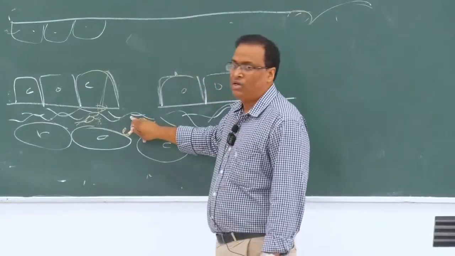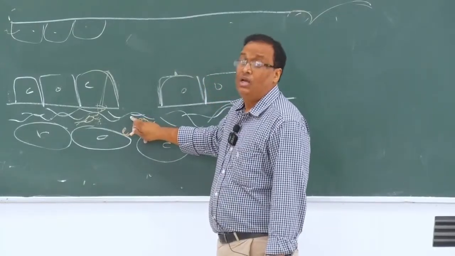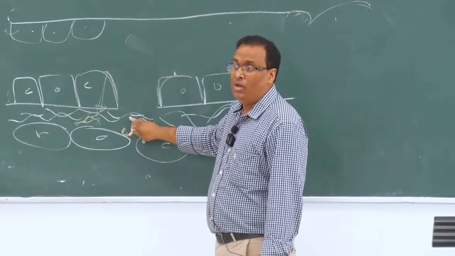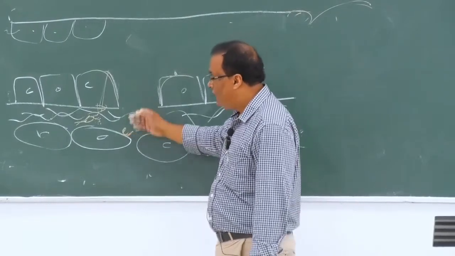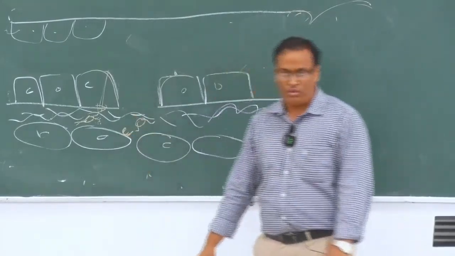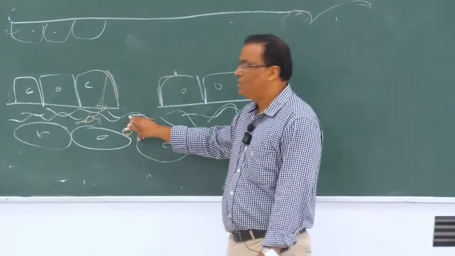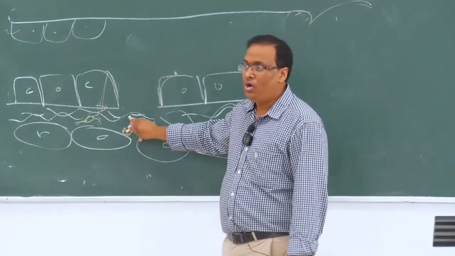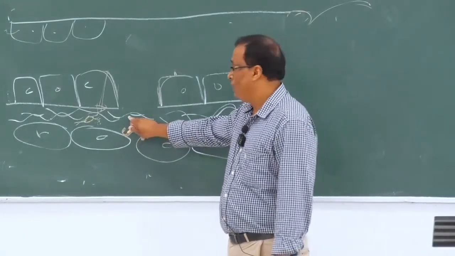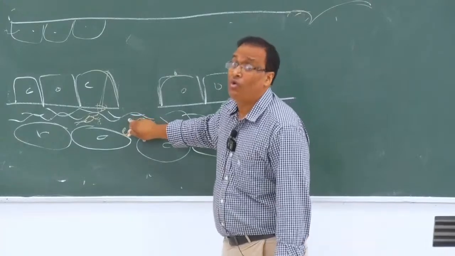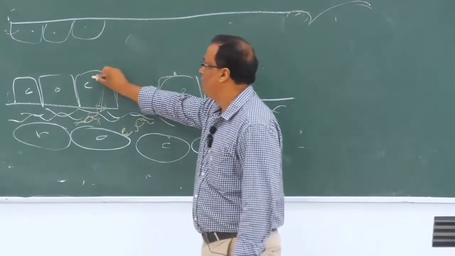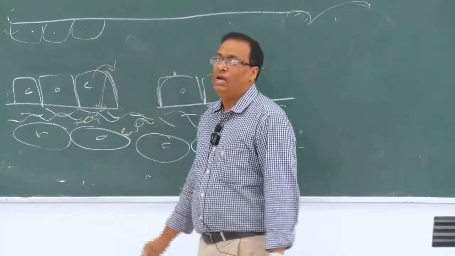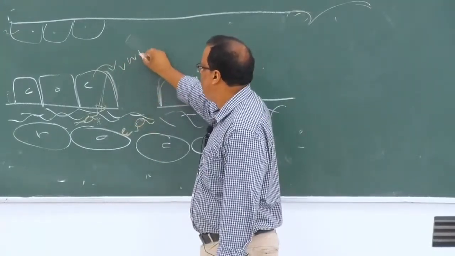Now these are the collagen fibers, subendothelial collagen fibers, and these are exposed. Now these receptors are there, called 1 alpha in the collagen, and another substance released from the damaged endothelium, that is von Willebrand factor.